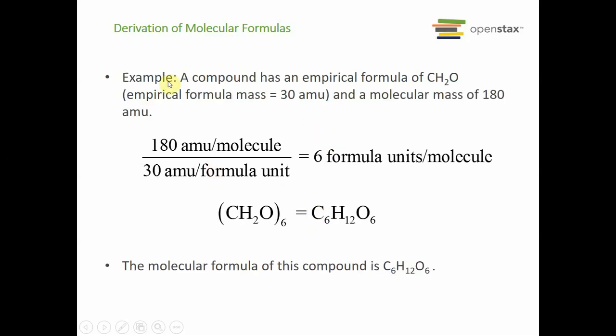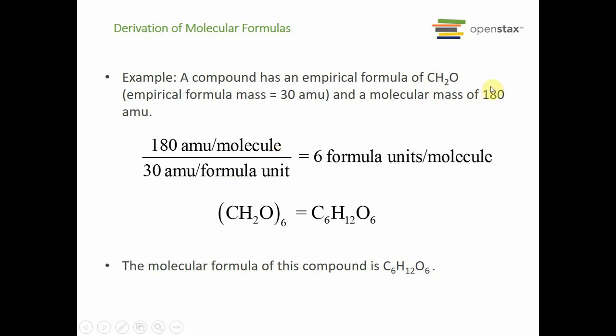Example. A compound has an empirical formula of CH2O, which has an empirical formula mass of 30 atomic mass units and a molecular mass of 180 atomic mass units. As I said, there are a lot of ways that people determine the molecular mass of compounds.